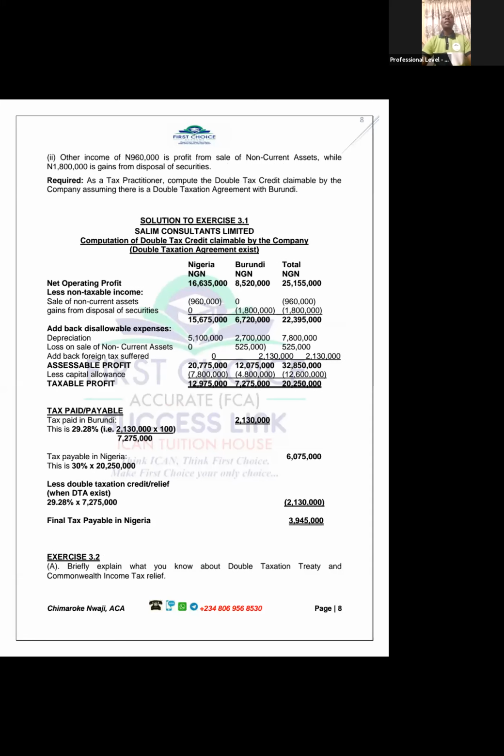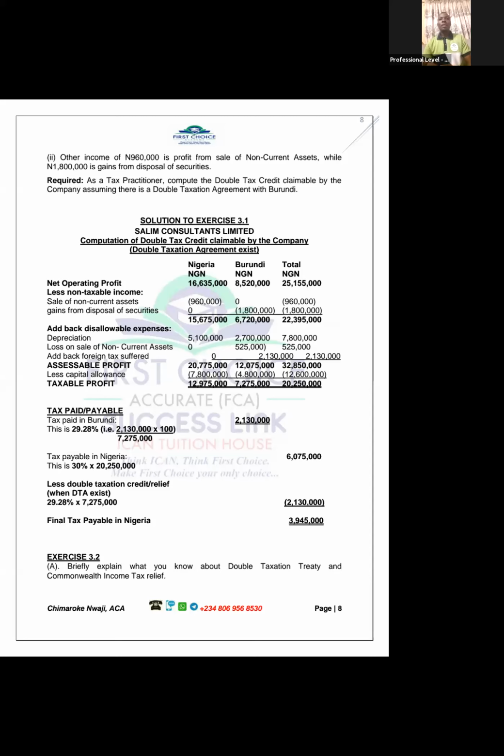We are now asked, as a tax practitioner, to compute the double tax credit. When they say double tax credit, it is the double taxation relief. It's either called relief or credit or allowance. Double tax credit, double tax relief, double tax allowance, claimable by the company.